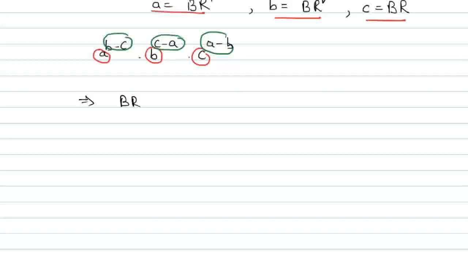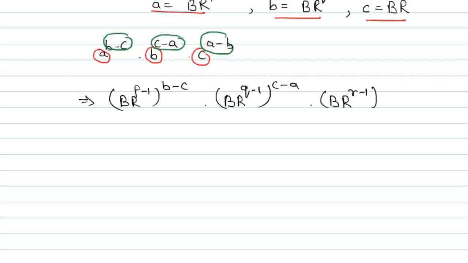B into R to the power P minus 1 to the power b minus c, into B into R to the power Q minus 1 to the power c minus a, into B into R to the power R minus 1 to the power a minus b, will be equal to B to the power b minus c plus c minus a plus a minus b, and R will be equal to.